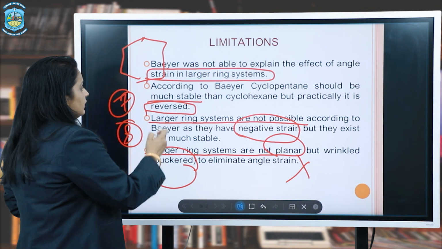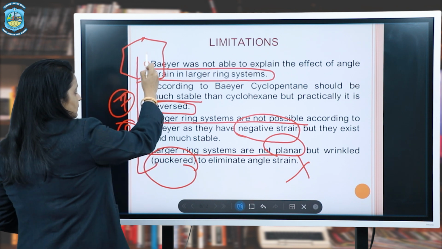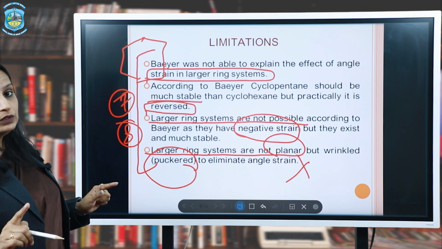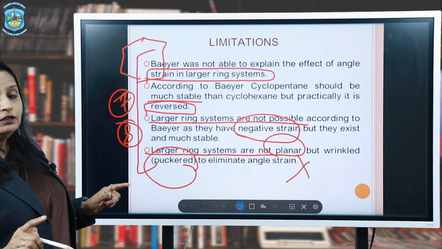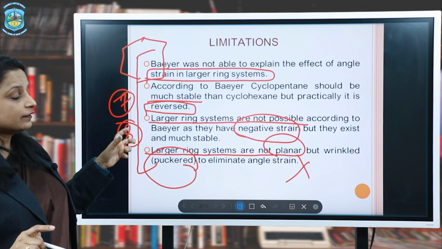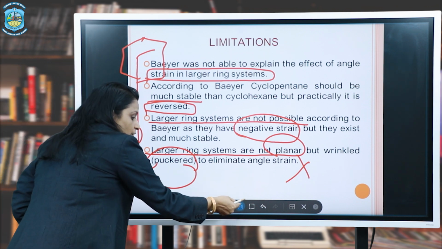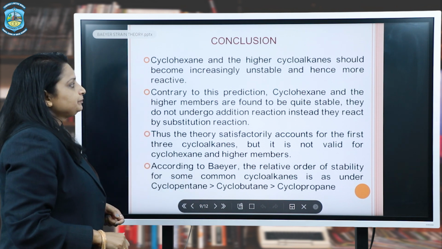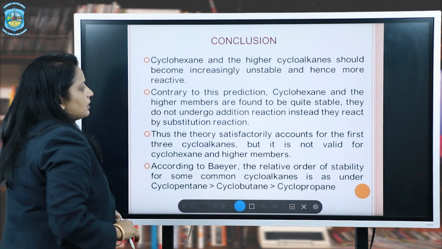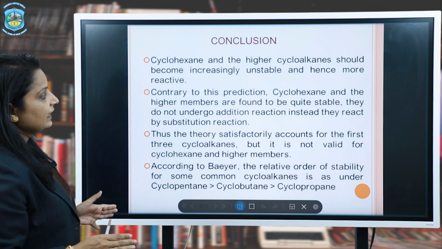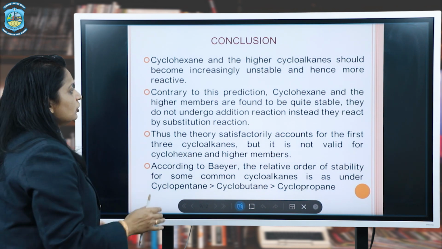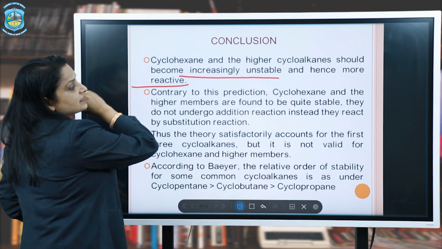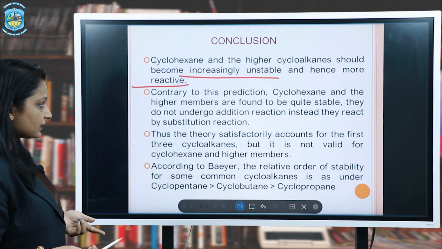So therefore, due to these limitations, we can say that Baeyer strain theory is only and only applicable for smaller ring structures. So thus what we can conclude from all these assumptions is that cyclohexane and higher cycloalkanes should become increasingly unstable and hence more reactive.